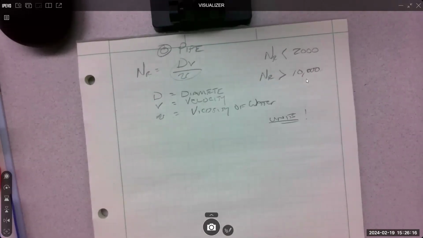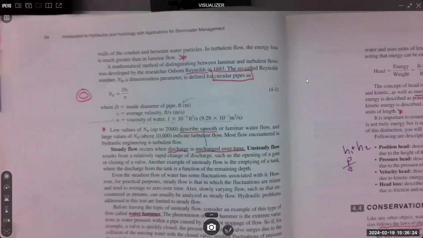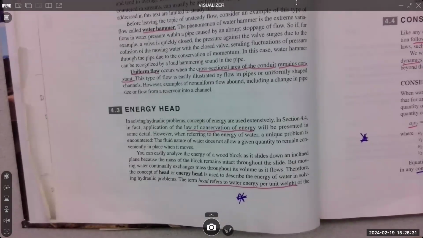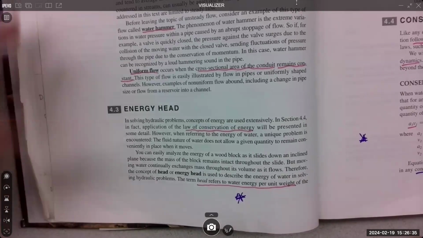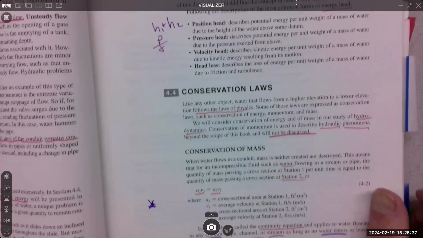All right. So the next concept of this chapter starts into our conservation of mass and what we call energy head. So in fluid mechanics, we capture the energy of a system with the unit of feet, which is going to be very unusual for you.